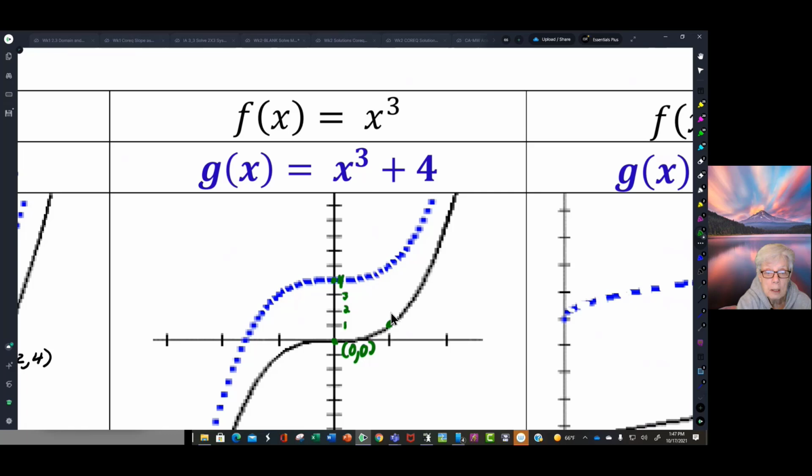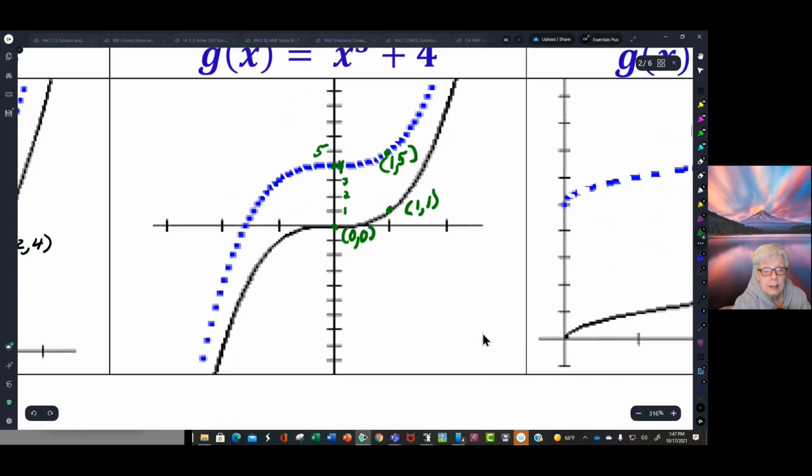When 4 is added to 1, we get a 5. So now, this point is 1, 5.